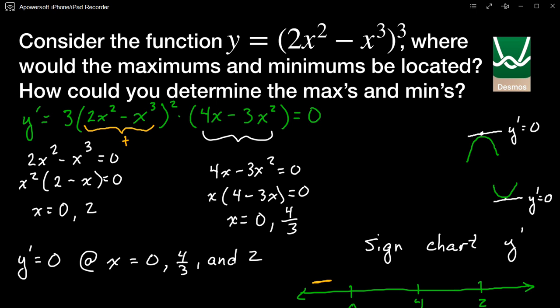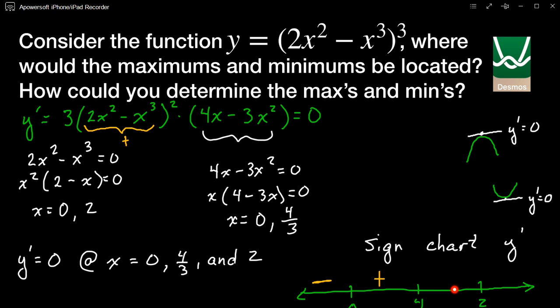Between 0 and 4/3, pick a number that falls in between, such as 1. If you plug 1 in here, you get a positive number, and if you plug 1 in here, you also get a positive number. So you have a positive times a positive times a positive, which is positive. Now we pick a number that falls in this section: 1 2/3.